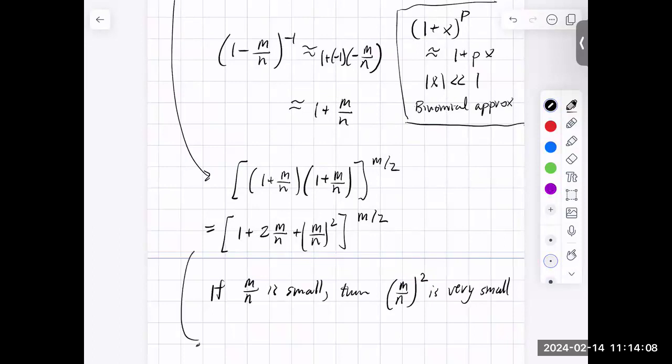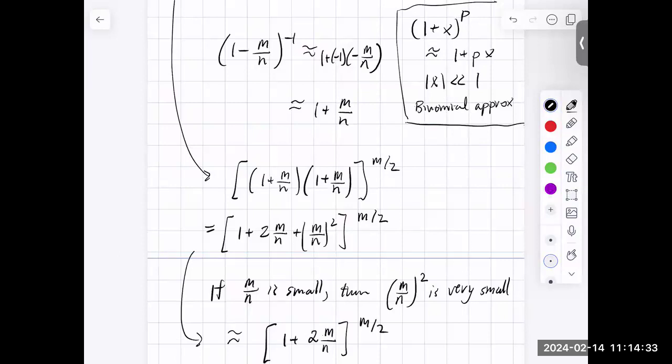And so this time we're just going to drop this m over n squared factor because it's so much smaller than the two other terms inside the square brackets. And so it's going to end up being 1 plus 2m over n to the m over 2.